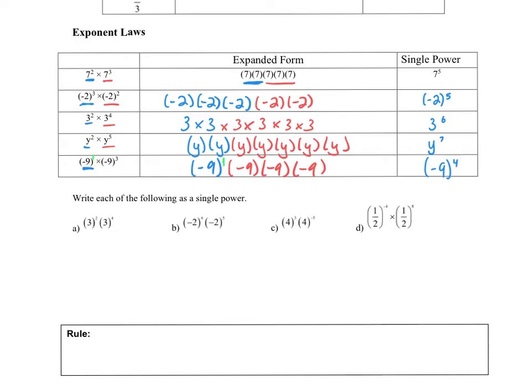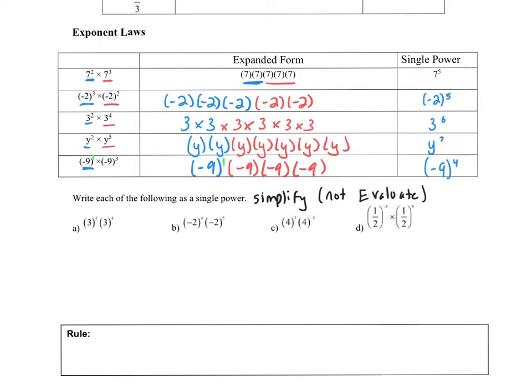So now let's use what we found there to simplify each of the following examples. So we are just going to simplify here and not evaluate. So that means we just want to write this as a single power, but not find an actual answer.